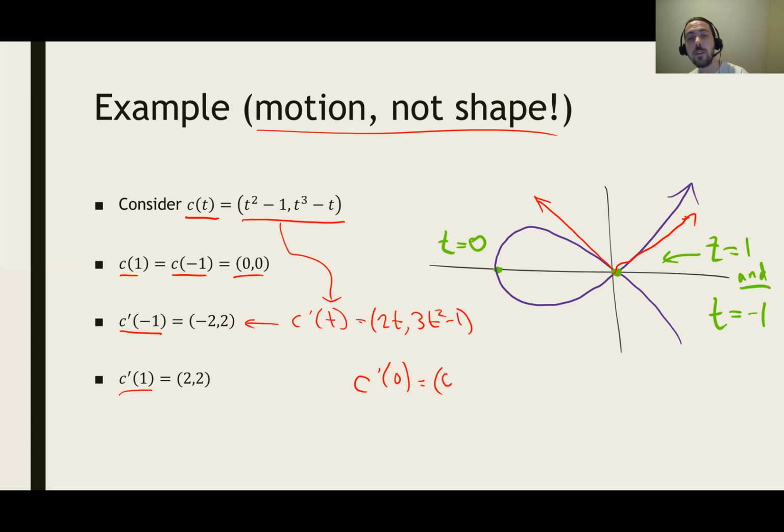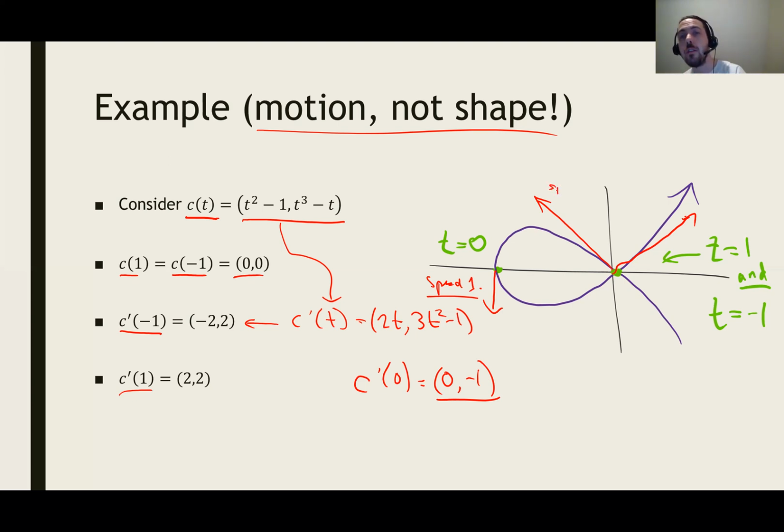And we could also say, what's c prime of 0? Well, c prime of 0 is going to be 0, 3 times 0 minus 1. So minus 1 is going to be a vector that points downward like this. So it tells us exactly how fast we're going at each of these times as well. At this time, we're going with speed 1 because the length of this vector is 1, whereas these two vectors, 2, 2, and minus 2, 2, both have length equal to the square root of 8.